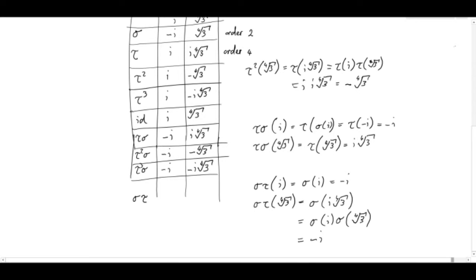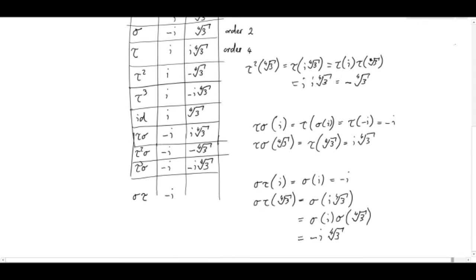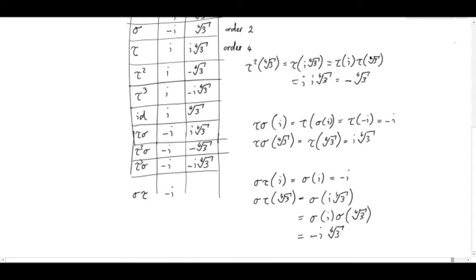Sigma maps i to minus i and keeps the fourth root of 3 fixed. So it maps i to minus i and the fourth root of 3 to minus i times the fourth root of 3. This shows that sigma tau acts in the same way as tau cubed sigma, and not the same as tau sigma. This illustrates that the Galois group is non-abelian.